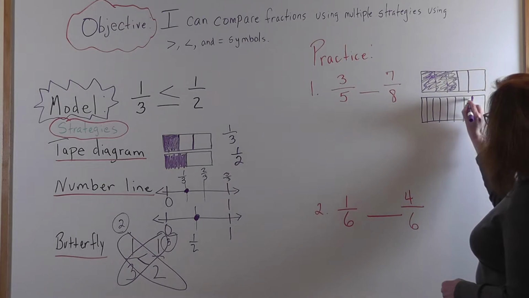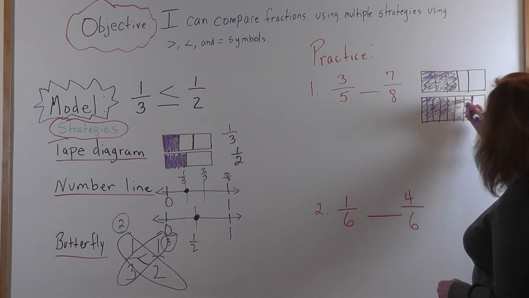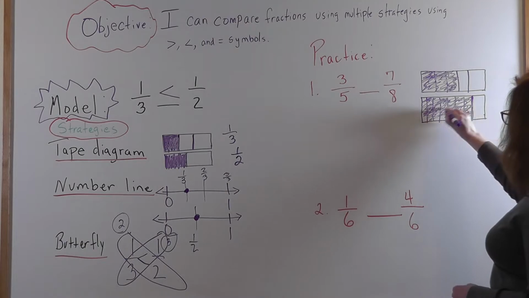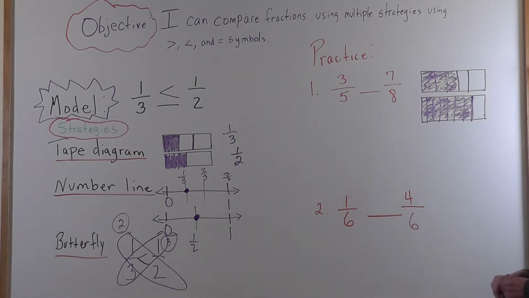Okay? So I shade in 7. Now, which one's greater? Is it 3/5 or 7/8? Well, it looks like 7/8 is greater than 3/5. Okay?